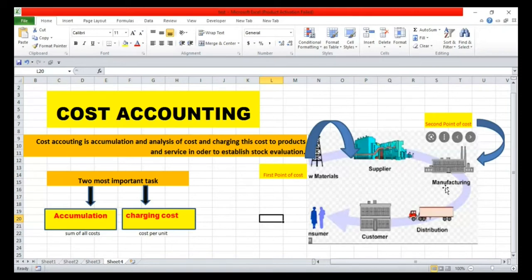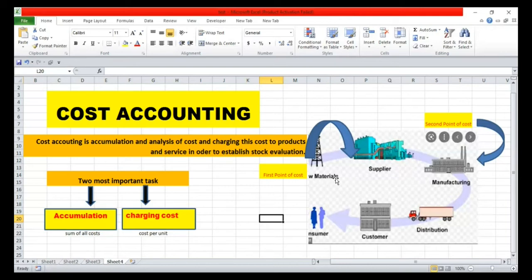For their services we pay them salaries and wages, so here we incurred another cost, called cost of labor. The first cost we incurred was when we purchased raw material from our supplier, the cost of raw material. What we are doing here is accumulating our costs. When we purchased material, we incurred a cost called cost of material.